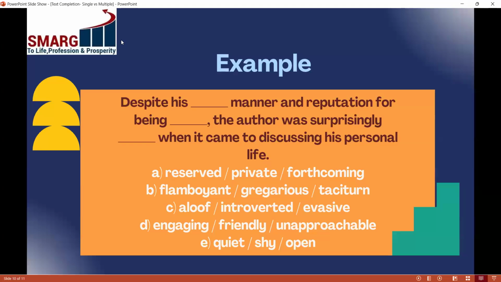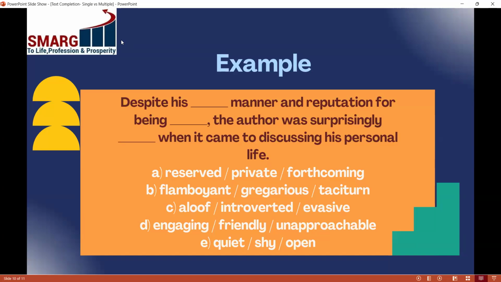So the general sense of the sentence, if I'm not even looking at the words at the moment, is a basic prediction that I'm making when I'm simply looking at the sentence: maybe we're talking about somebody who is reserved, but then when it came to discussing something related to their personal life, there was a surprise. My clue word here happens to be surprisingly.